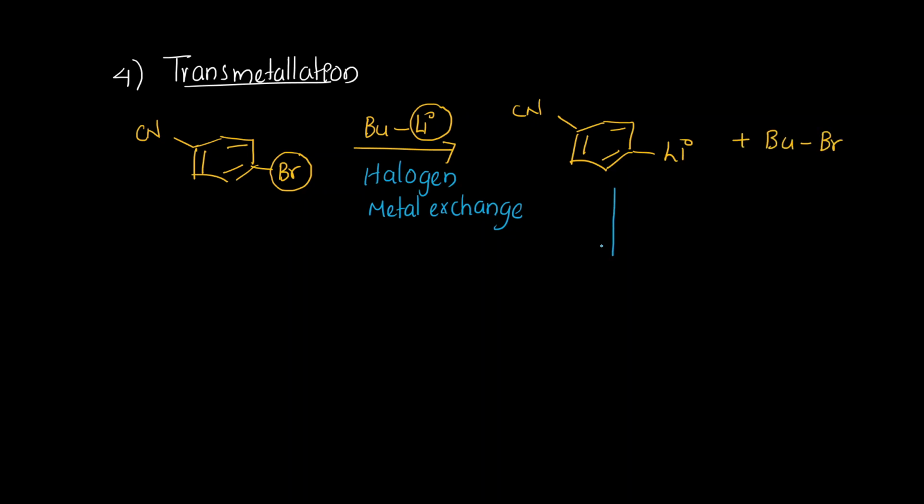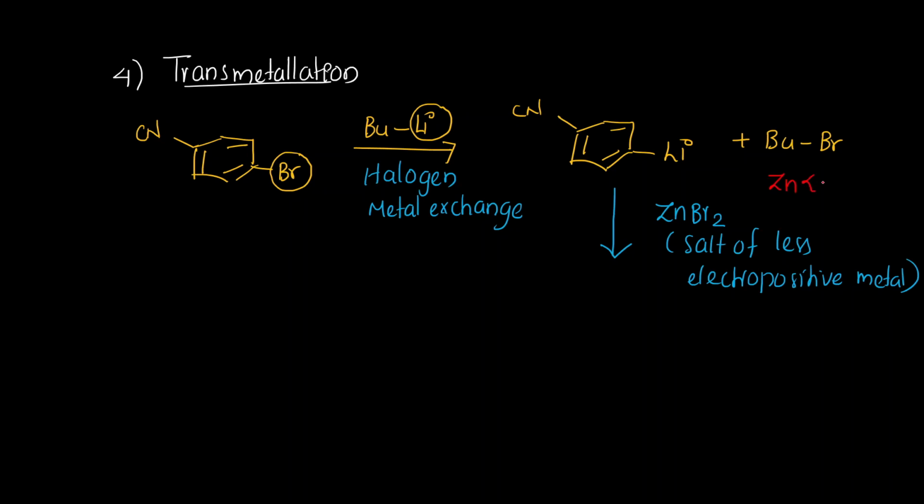Treat the organolithium reagent with a salt of less electropositive metal. Salt of less electropositive metal. This means the zinc is less electropositive than magnesium and lithium. So the more electropositive lithium goes into the solution as its ionic salt by taking one of these halogens.